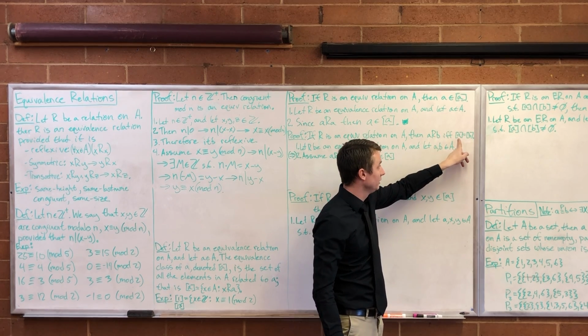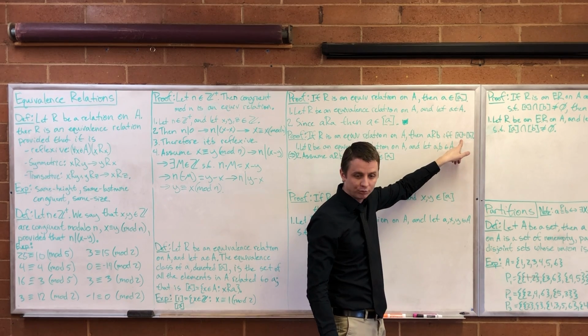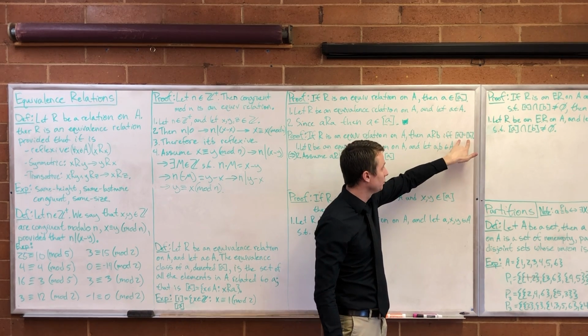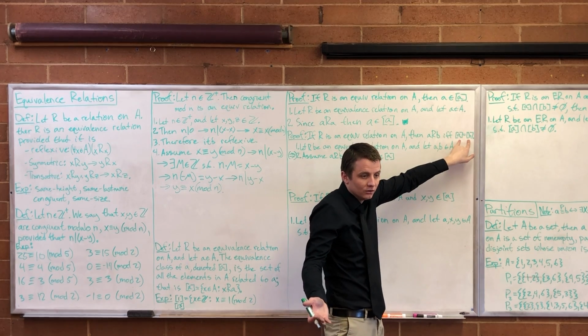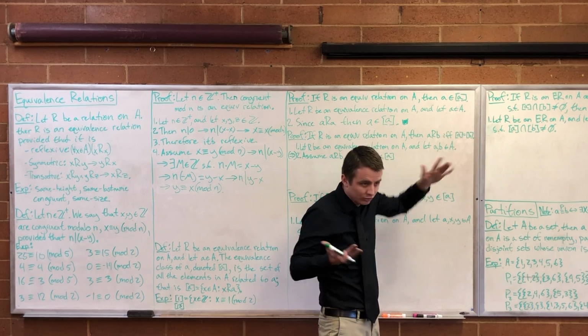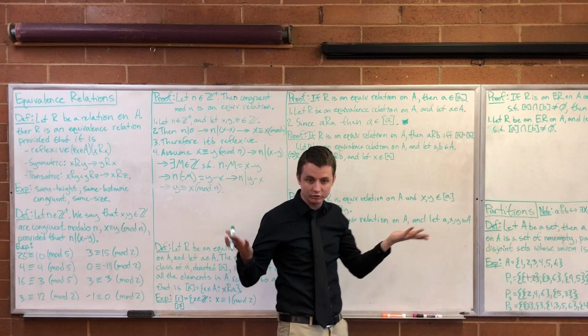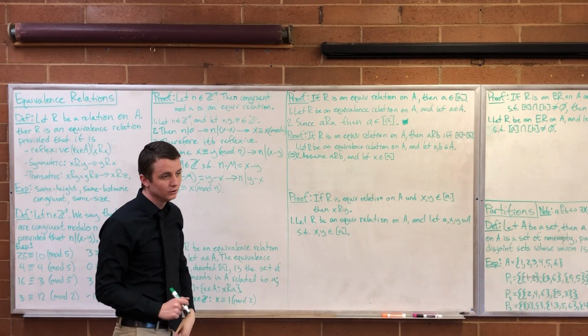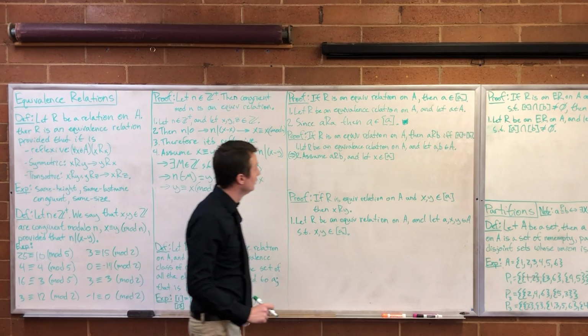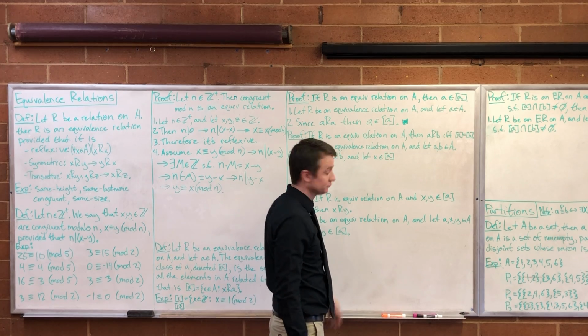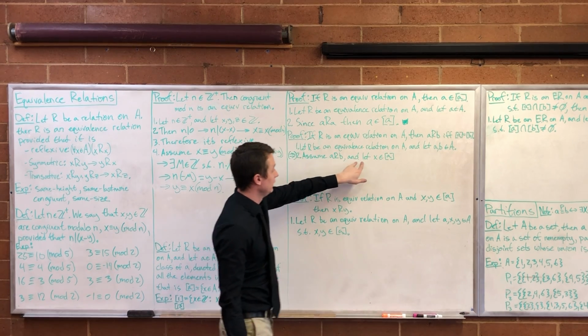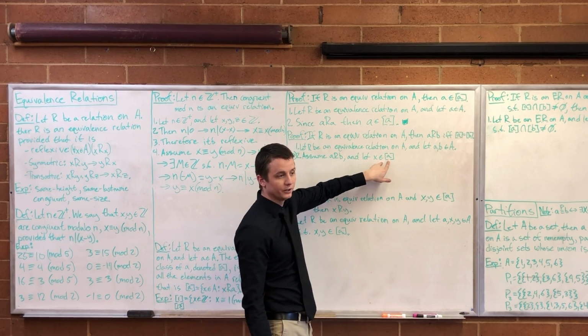I'm going to grab something in there, show what's in there, grab something in there, show what's in there. They're subsets of each other, therefore they're the same set. Don't be confused by notation here. These are just sets, right? And I'm just showing 2 sets are equal. I'm going to do that the way we always show 2 sets are equal. I'm going to show they're subsets of each other. Make sense? So, assume a is related to b, and let x be some random thing in there.